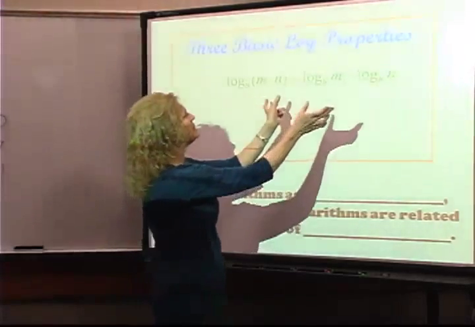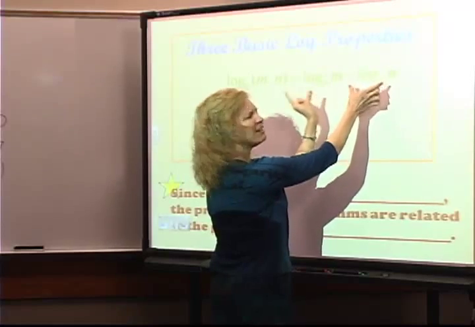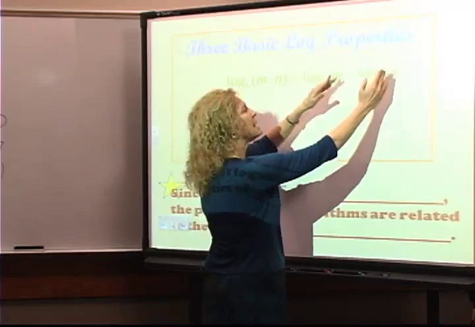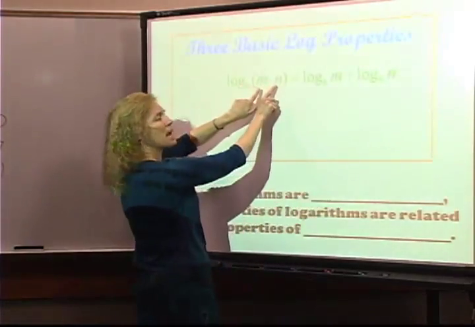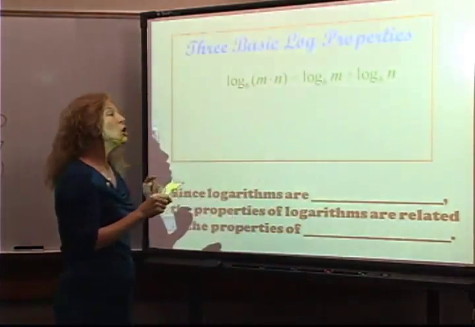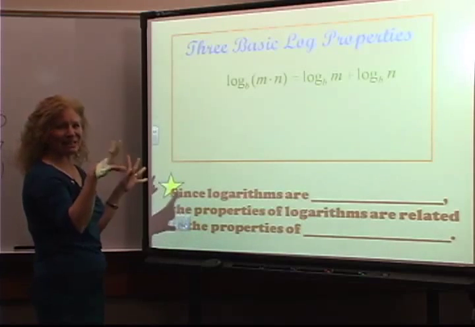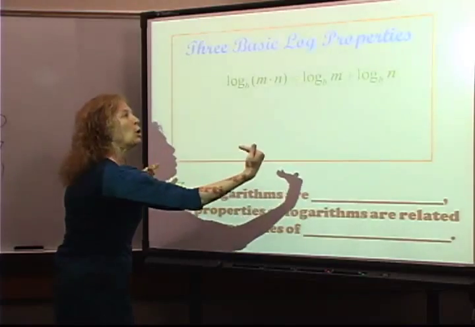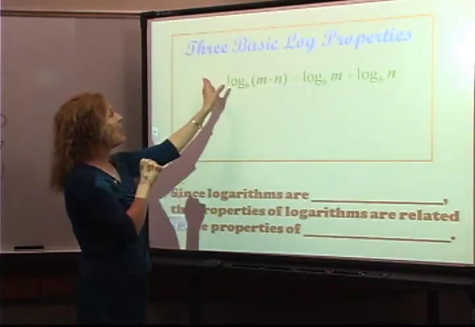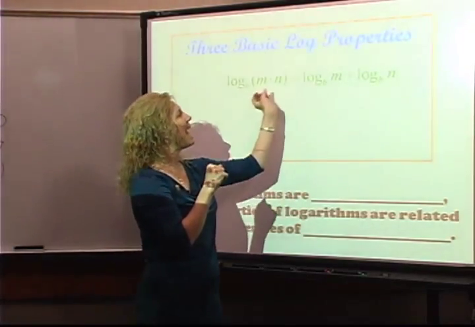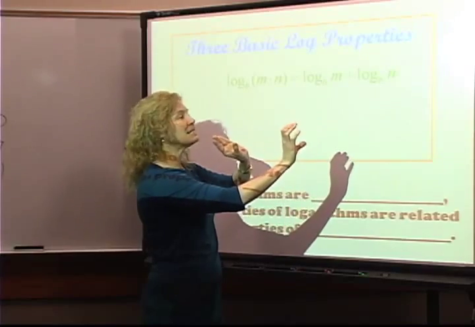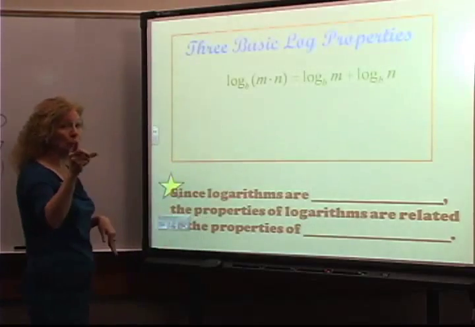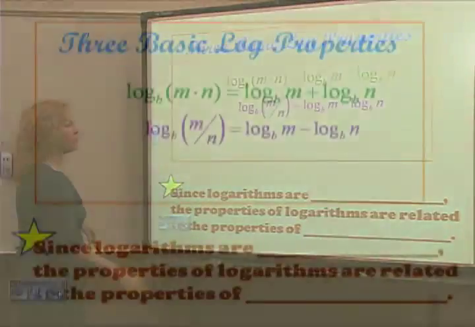It also means that if I have the addition of 2 logs and I have the same basis, I can condense them into this statement. Remember my stupid little story about the ants going out on vacation? An equation works either direction. So I can take a logarithm and expand it, or I can take logarithms and condense them using these properties.